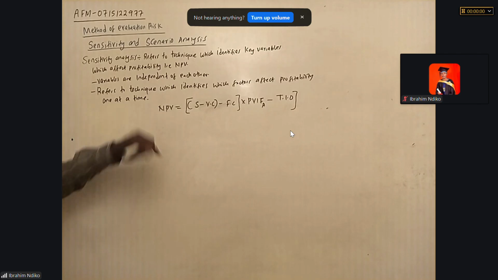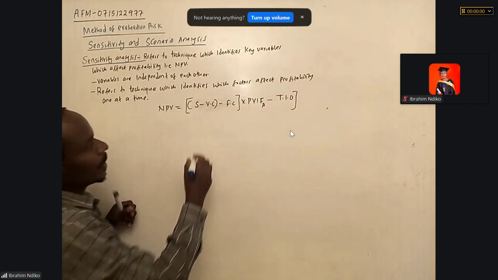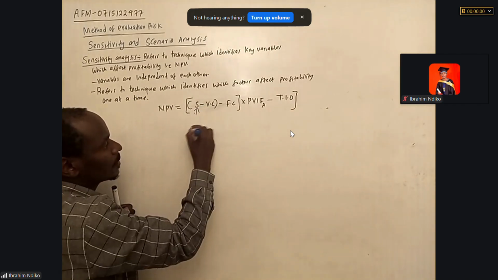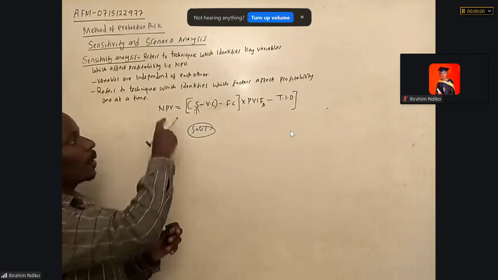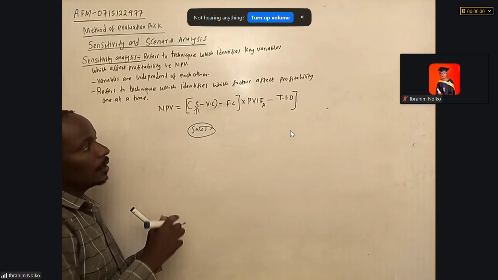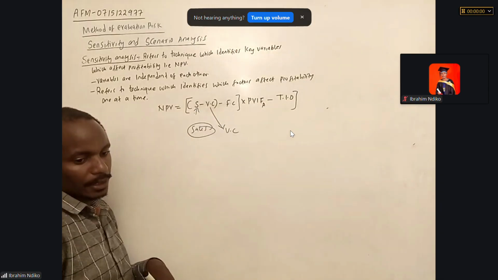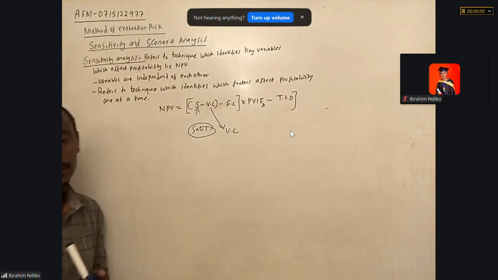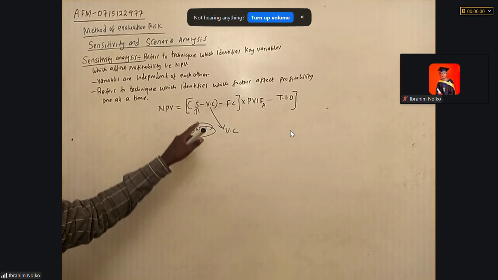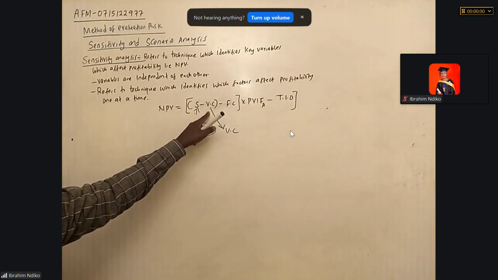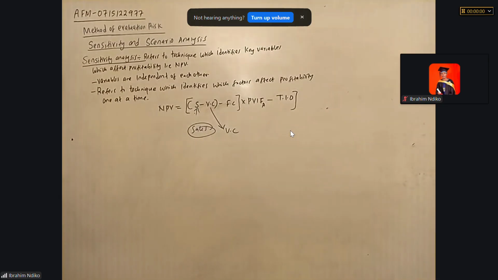Now for sensitivity analysis, we analyze each factor separately. For example, we analyze sales first and then check how it affects our profit separately. Once we are done with sales, we do variable cost separately.